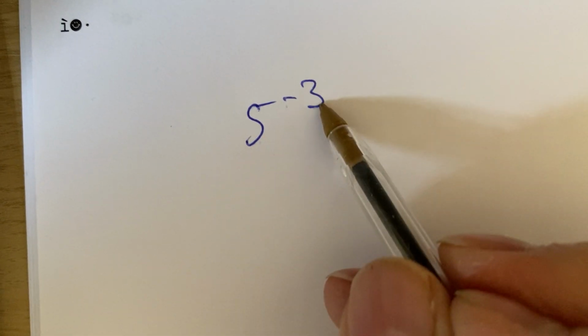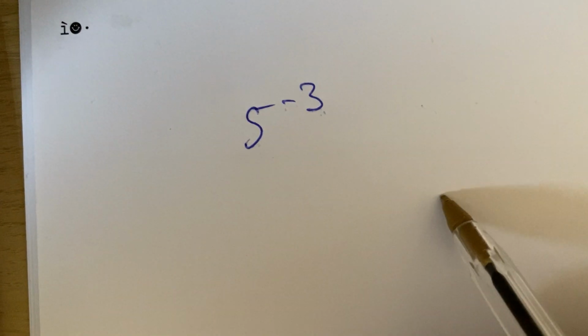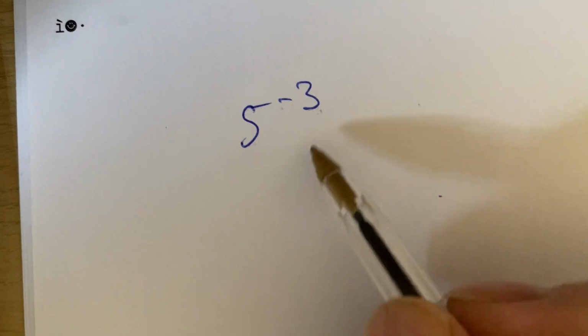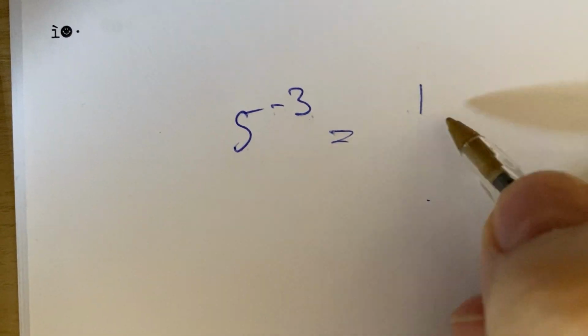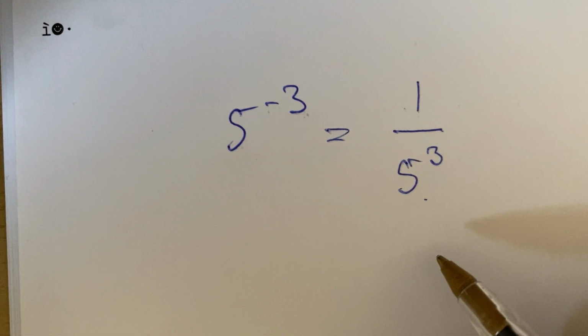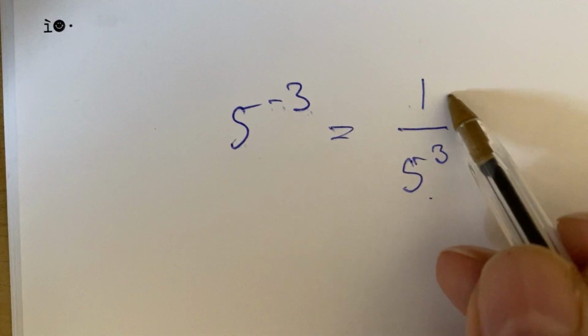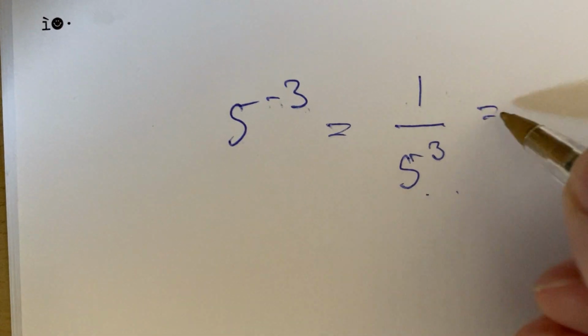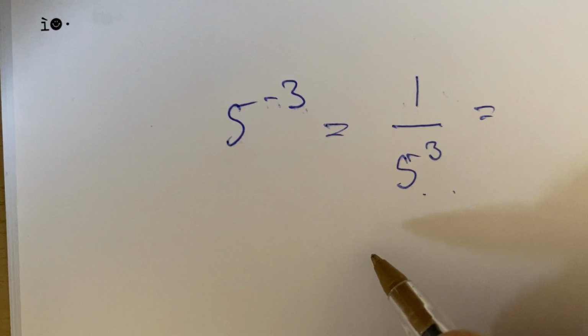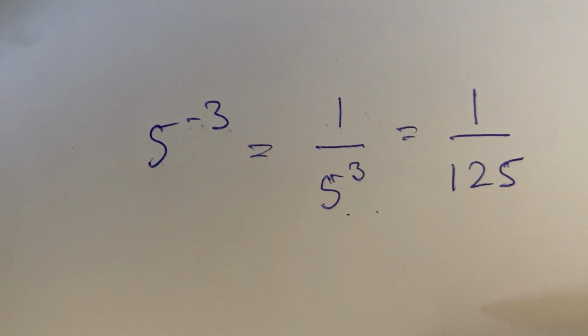So 5 to the power of 3 means 5 times 5 times 5. The minus simply means 1 over. And you can do it in either order. So I can write that like that. That literally means 1 over. And then 5 times 5 times 5 is not 15, it's 125. A lot of people think it's 15, don't they?